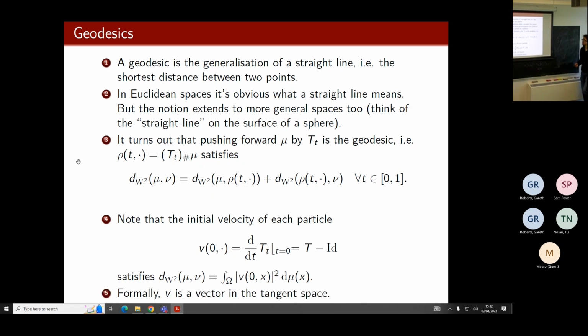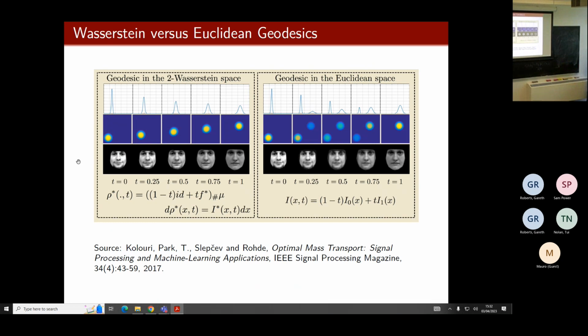This is what people mean when they say that the Wasserstein space has a formal Riemannian structure. It's because we can define these tangent vectors. So the distance between mu and nu is equal to the L2 norm of the tangent vector v.